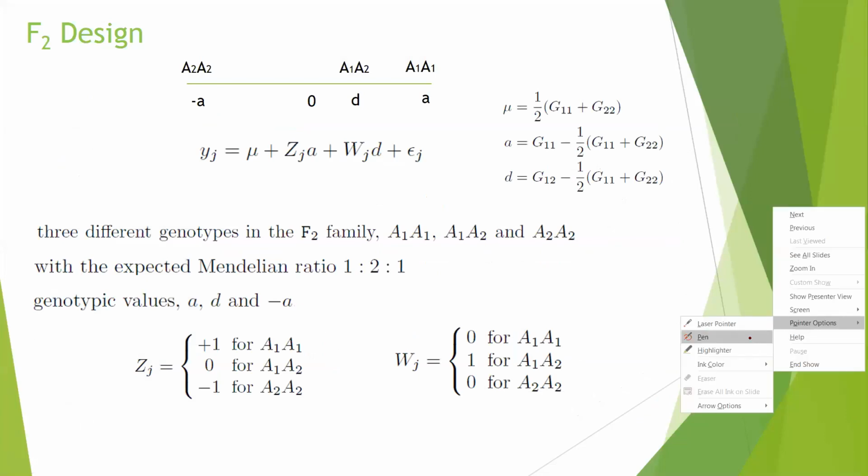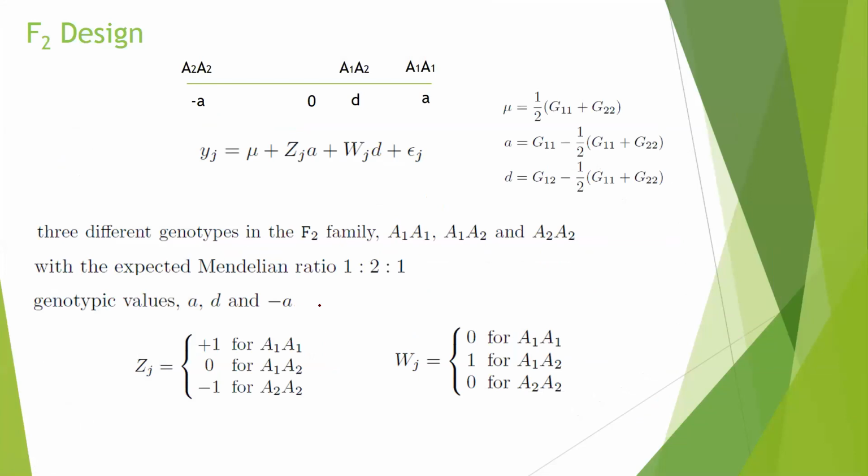All right, so we are talking about the F2 design. This is a very beautiful feature of the F2 design: when we talk about a single locus, there are 3 genotypes, and the ratio is beautifully designed as 1:2:1. In this case, we can use two random variables, Z and W, to help us develop the linear model.